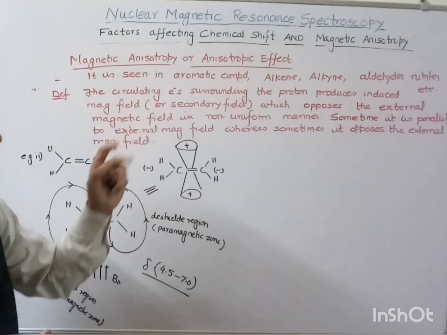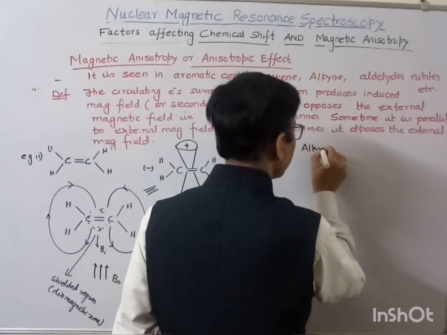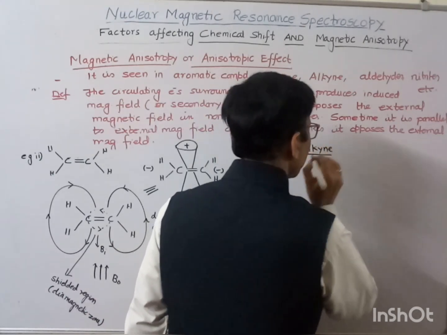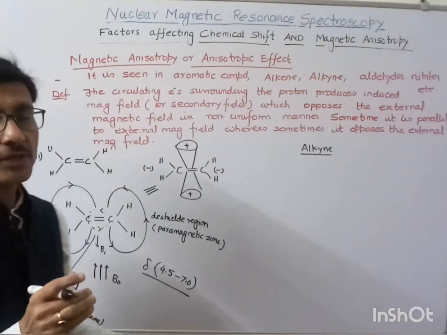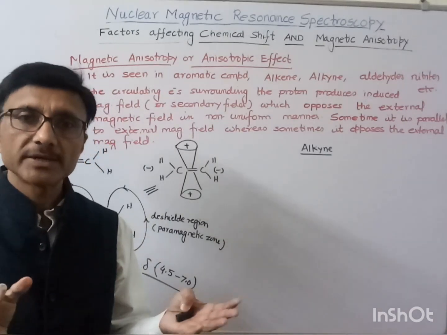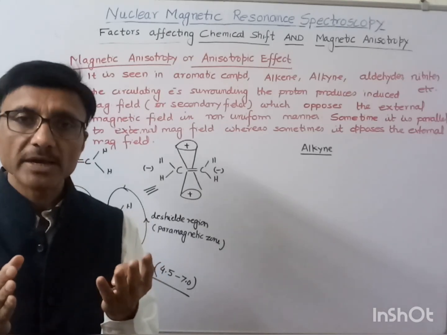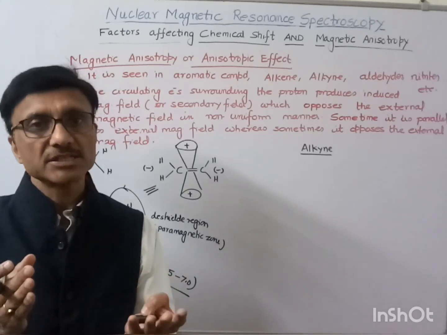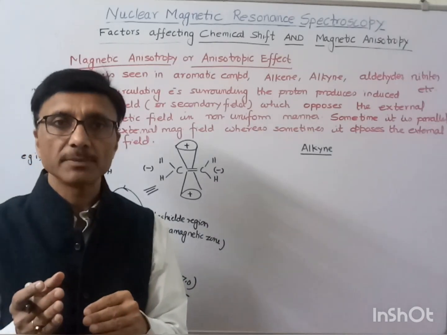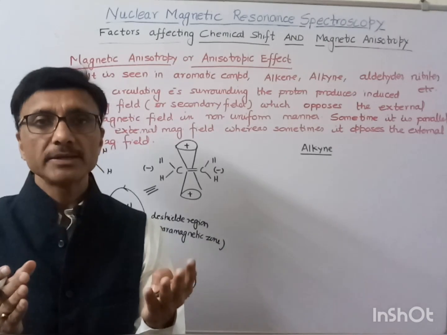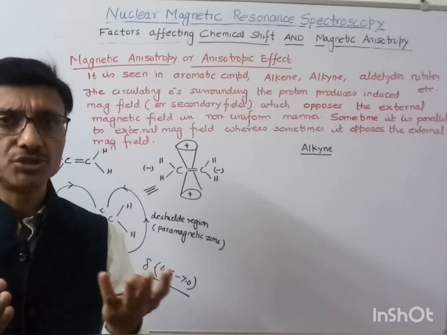Now what about the alkyne? So if you see for alkyne, what I told you, a proton may be connected to an sp3 hybridized carbon, or an sp2 hybridized carbon, or an sp hybridized carbon. If the proton is connected to an sp3 hybridized carbon, then the delta value is 0.7 to 1.7, or around 0 to 2.